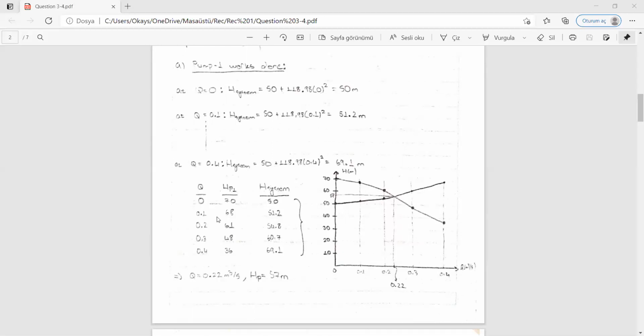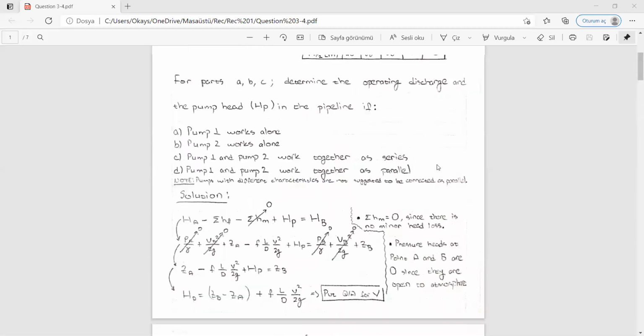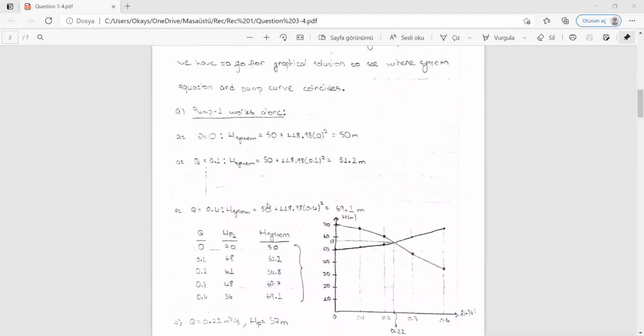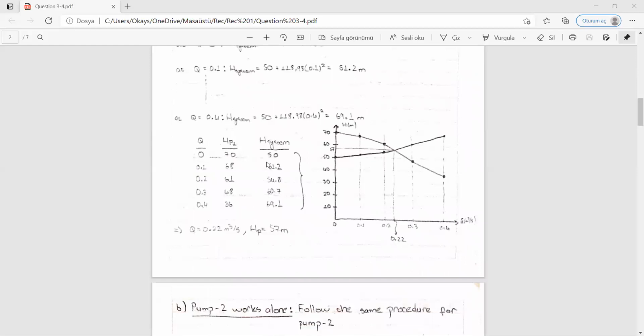And what was our pump head for pump 1 for these discharges? I wrote them here as well. It was like 70, 68, 61, 48, and 36. So you will draw a graph which will show the pump head on the y-axis and the discharge values on the x-axis.